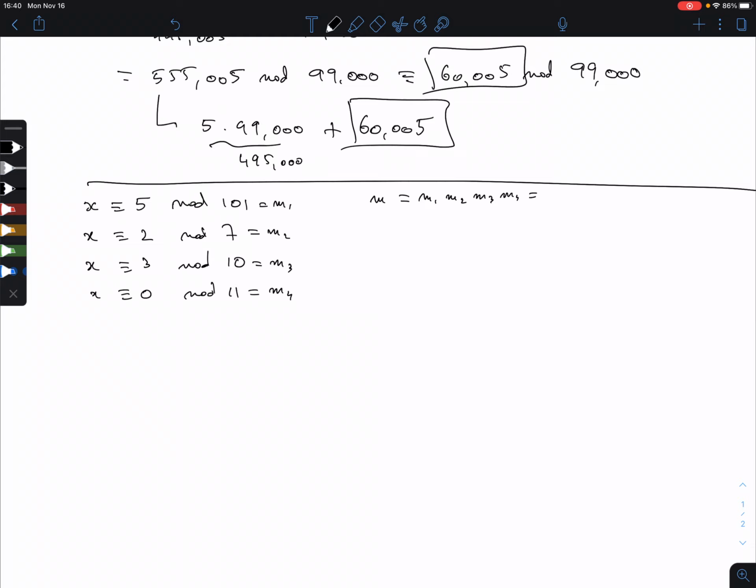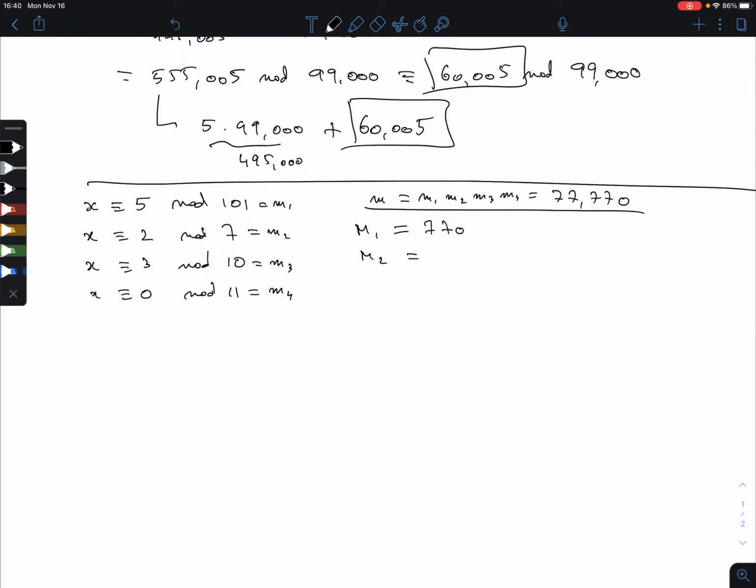Okay, so let's calculate this. That is 101 times 7 times 10 times 11, that is 77,770. Okay, so that's going to be our little m. Now we need also capital M, that is the product of everything else. Capital M1 is 7 times 10 times 11, that is 770.